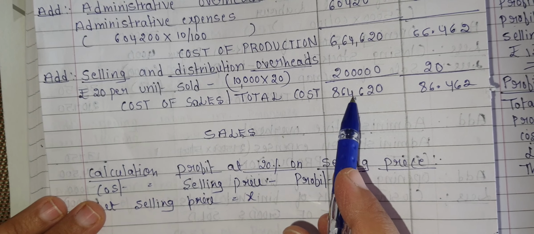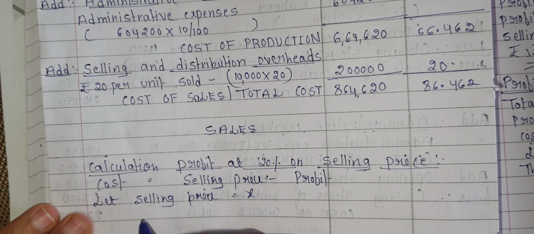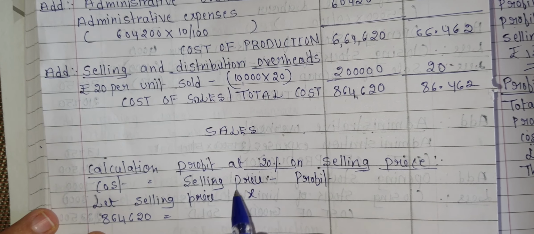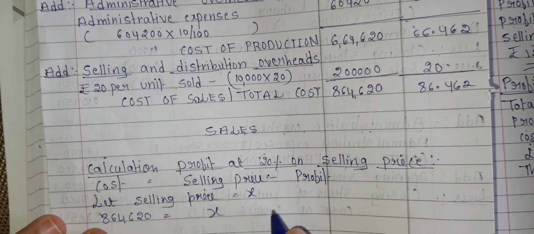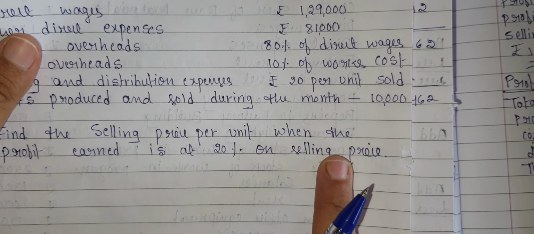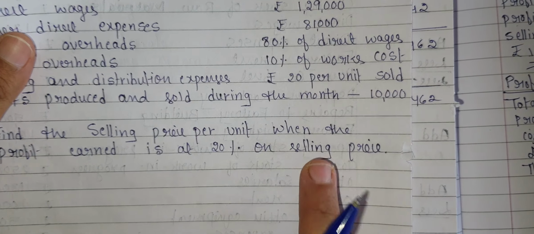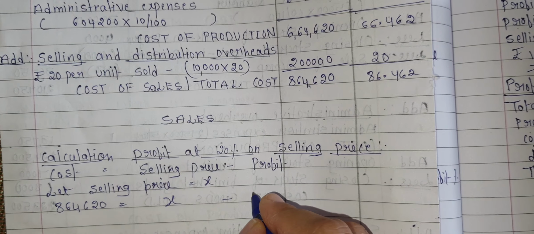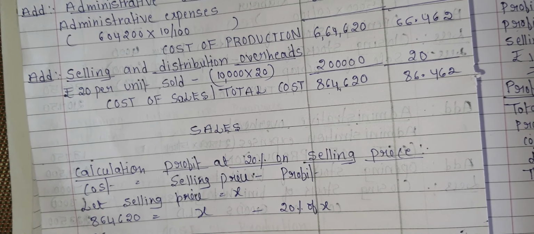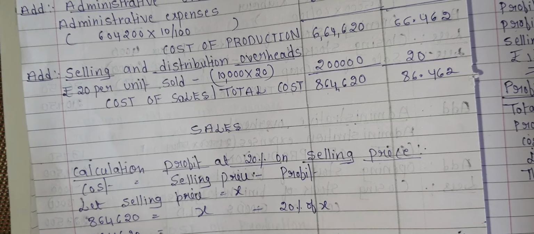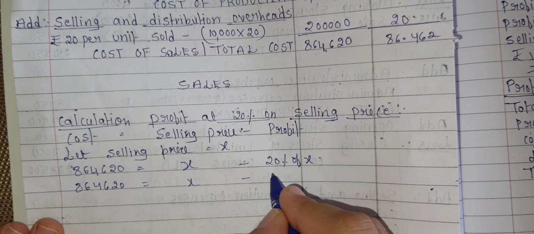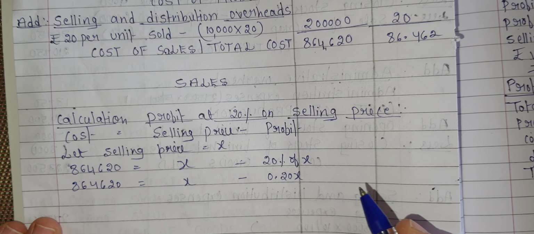Now cost, how much? 8,64,620. 8,64,620 equals selling price, that is X, and profit is 20% on the selling price, means 20% of X. Here we have taken selling price as X. So 20% of X means 8,64,620 equals X minus 20% of X, means 0.20X.